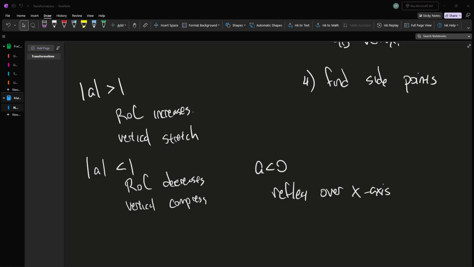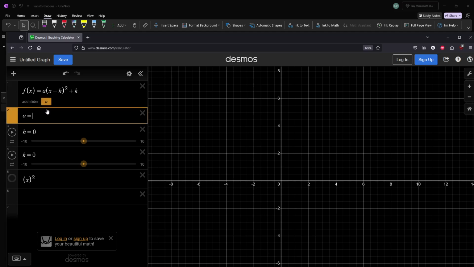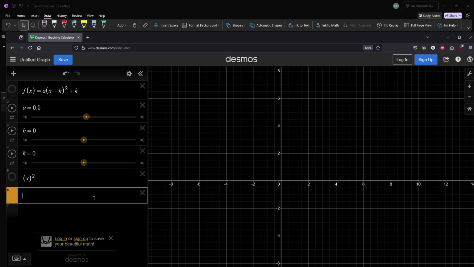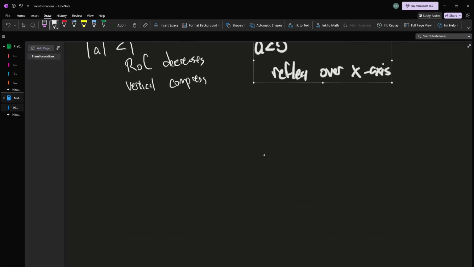So let's do one example of this. And I think that we could probably finish it with this. So let's say A will be 0.5. So since A is now 0.5, I still want to list off what's happening. f(x) equals 0.5x squared.